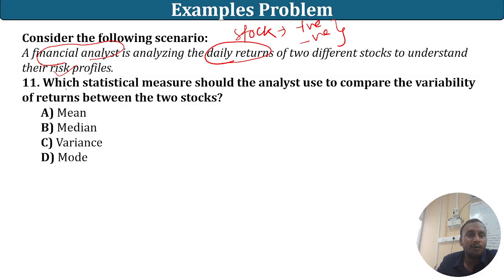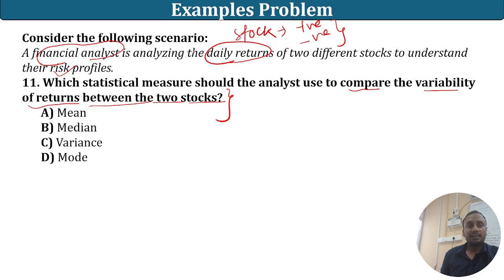So which statistical measure should the analyst use to compare the variability of returns between the two stocks? Whenever we say something like this, first the scenario was two stocks, we are going to analyze the profit or maybe the negative.